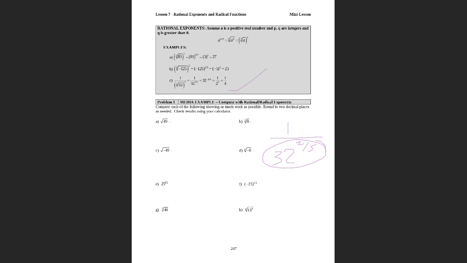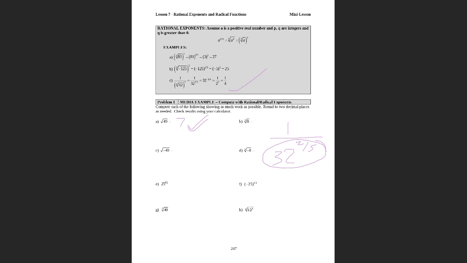All right. So the square root of 49 is what? 7. What about the square root of negative 49? That is going to be a problem. Why? Because it's an even root, square root. If you do negative 7 times negative 7, it gives you a positive. So that's the problem. You're not going to get that.